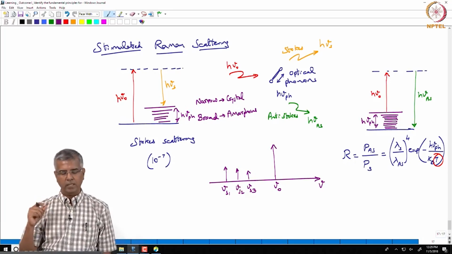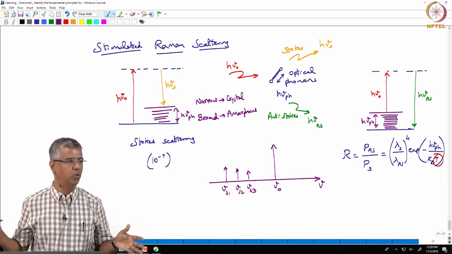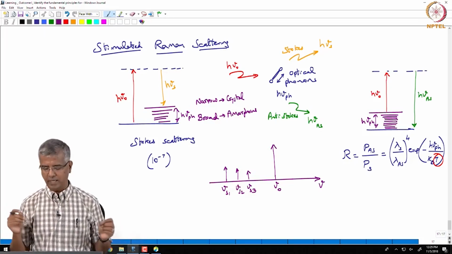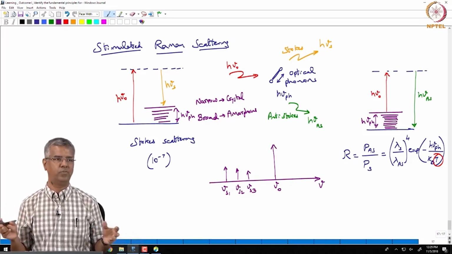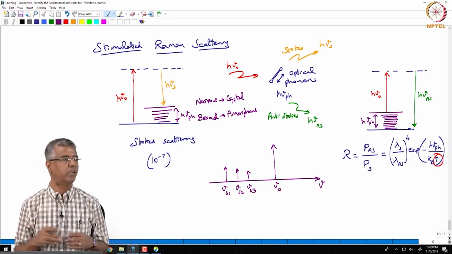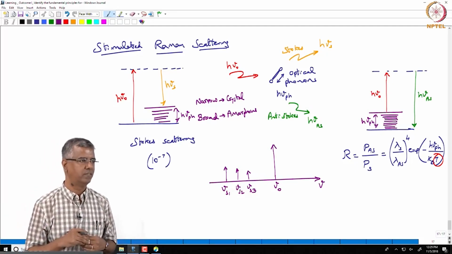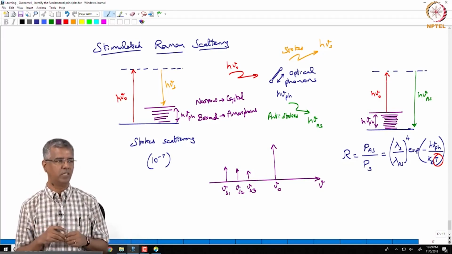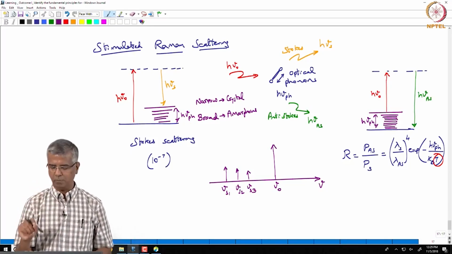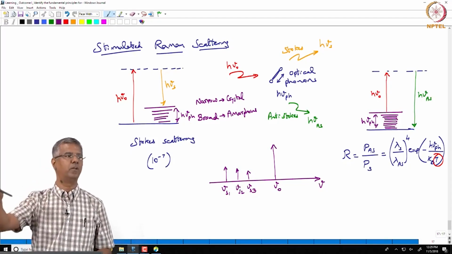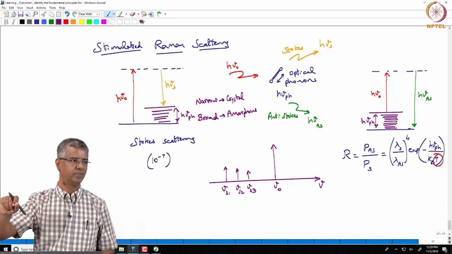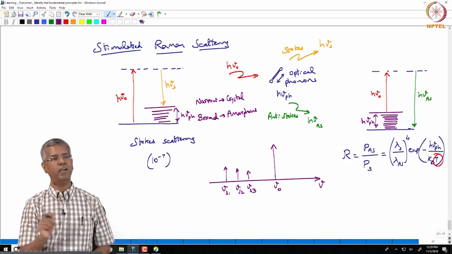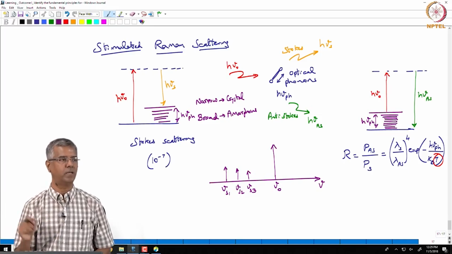And let's say I have mapped out all the phonon energies corresponding to all molecules in general. Then I have a clear fingerprint for each molecule. So if I say I am seeing a peak around this point, then you say this must be this molecule, right. So you can identify what are the different molecules that are present in that material.